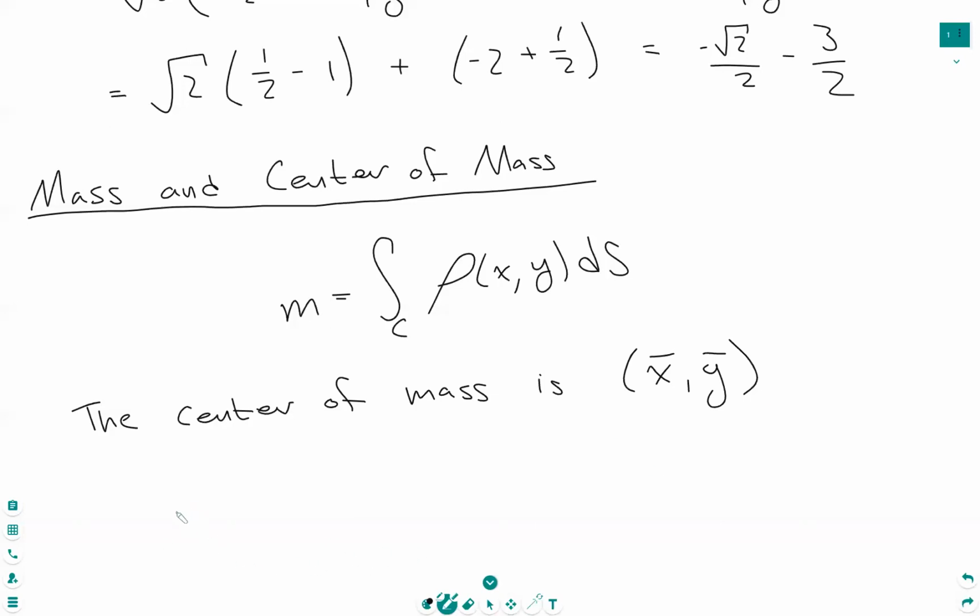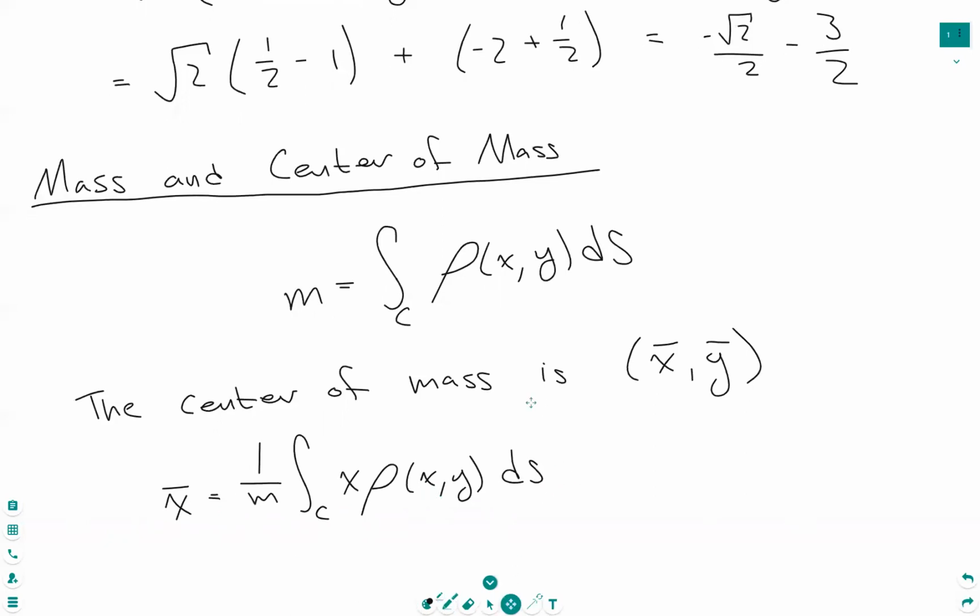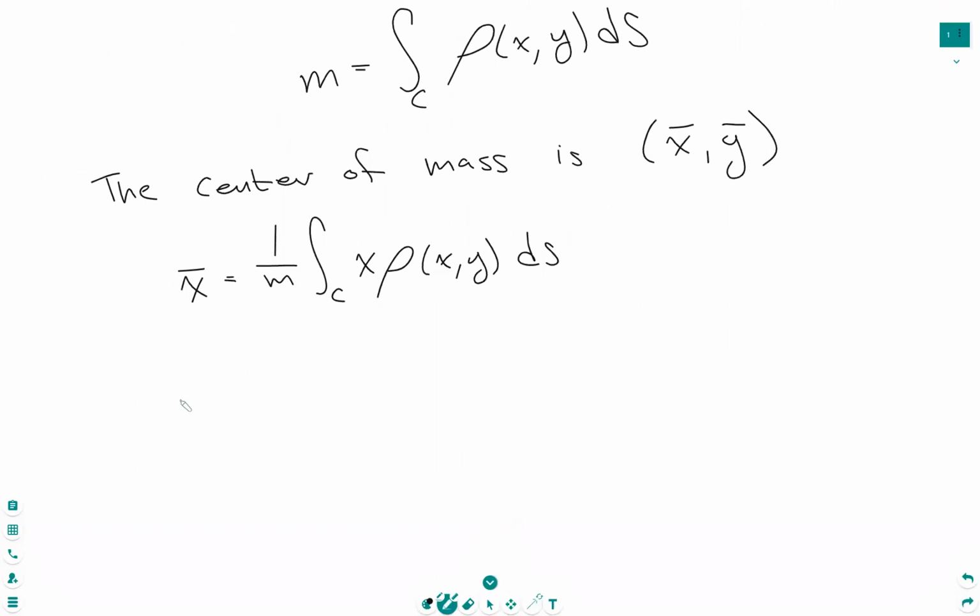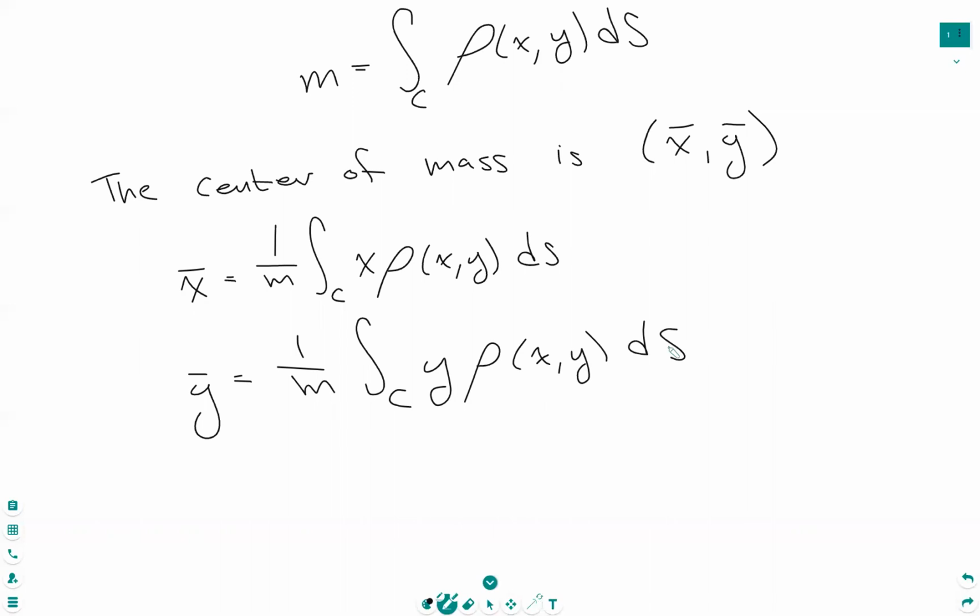So our x bar is 1 over m, the line integral of x times the density ds, and y bar is 1 over the mass, the line integral of y times the density ds.